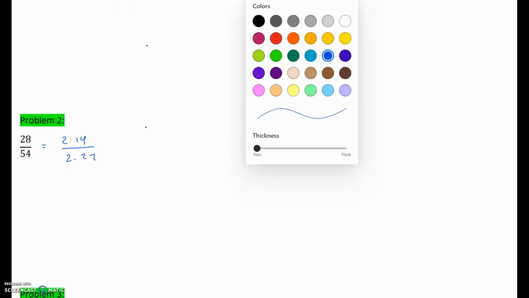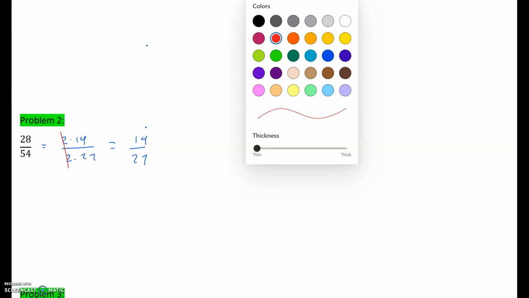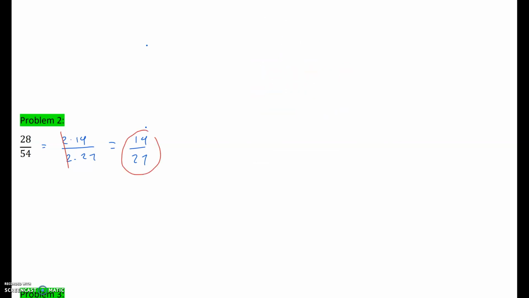Then we can cancel the 2's. This is going to give us 14 over 27. At this point, this is our final answer. There's no common factors among those two. So that would be it for that one.